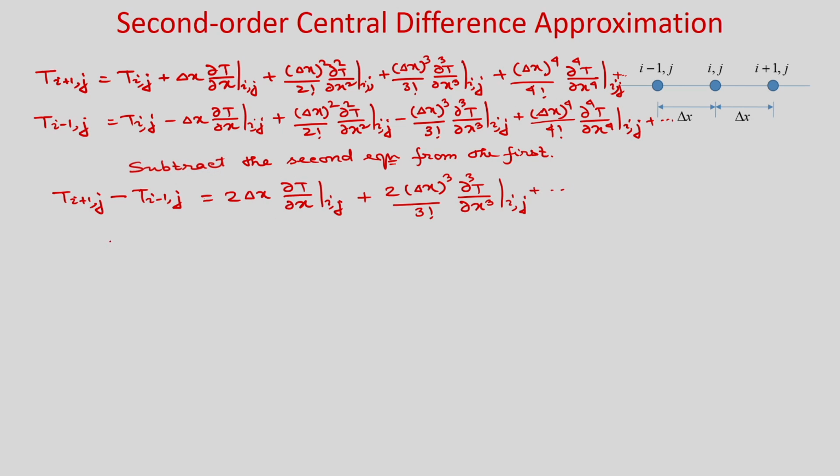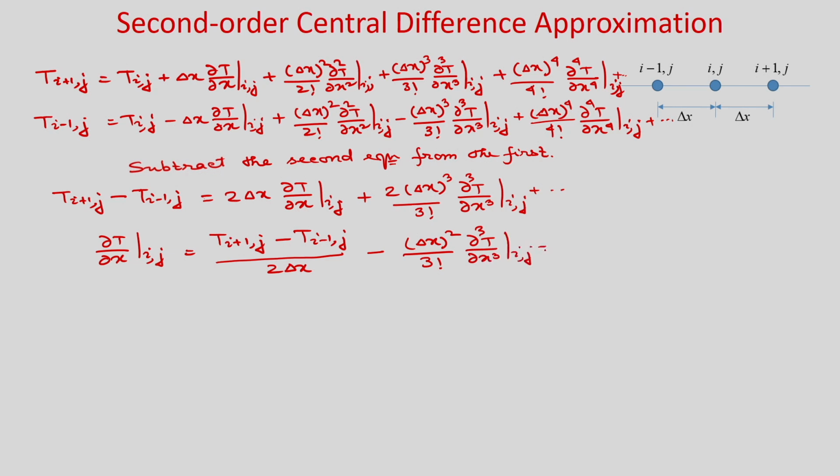Now, if you write the approximation of the first derivative del T by del x, it will be T i plus 1 j minus T i minus 1 j divided by 2 delta x, and you will get minus, so 2 will get cancelled, delta x square by factorial 3 del cube T by del x cube and other higher order terms.